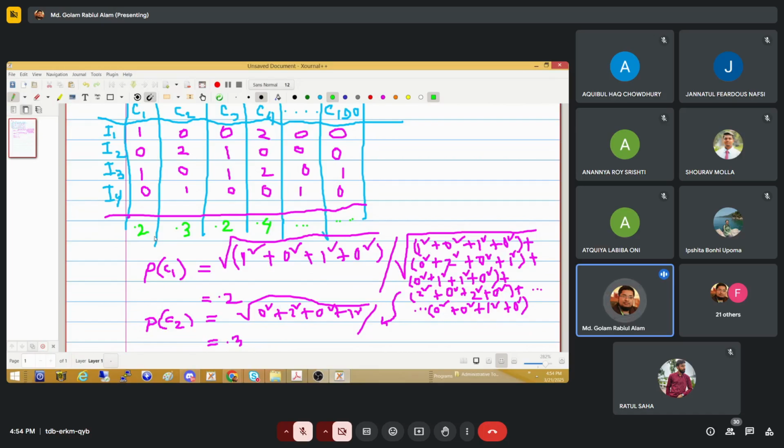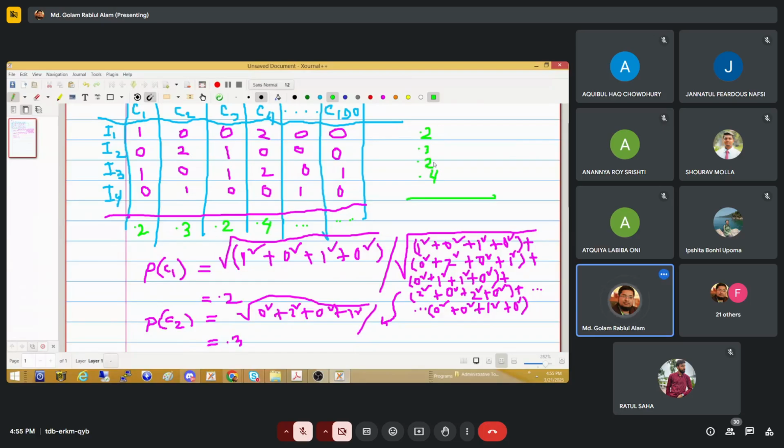We sum up all those probability distribution values: 0.2 plus 0.3 plus 0.2 and 0.4.